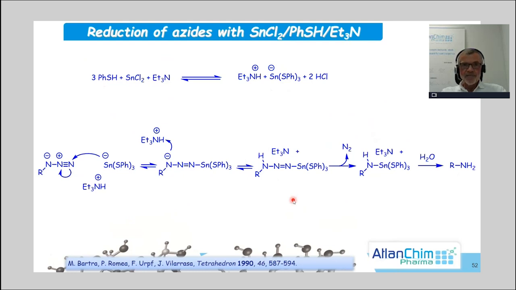Apparently, this reduction process does not involve a free radical chain mechanism. The tin-sulfur complex here attacks the azide function, followed by a series of proton exchanges mediated by triethylamine and expulsion of nitrogen gas at this stage to provide this intermediate here, which after hydrolysis gives the desired amino compound.